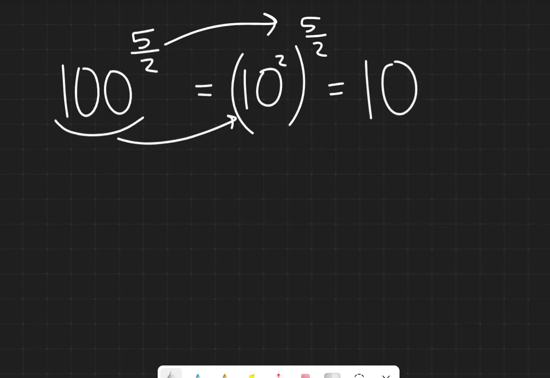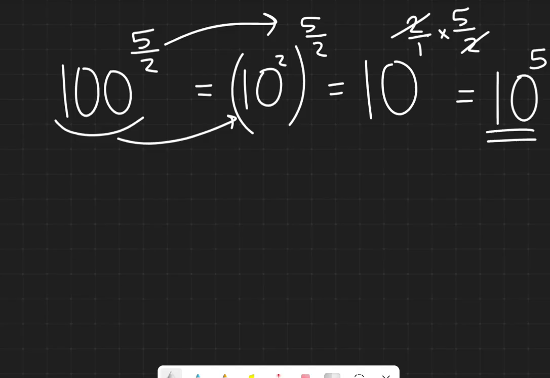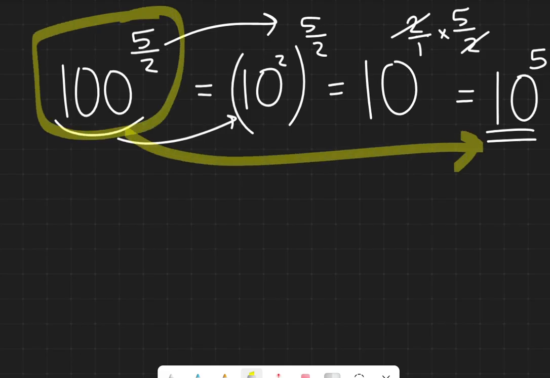So this will be 10 to the power of 2 multiplied by 5 over 2. What's this equal to? 2 and 2 goes away. This is 10 to the power of 5. So basically, 100 to the power of 5 over 2 can be written as 10 to the power of 5.